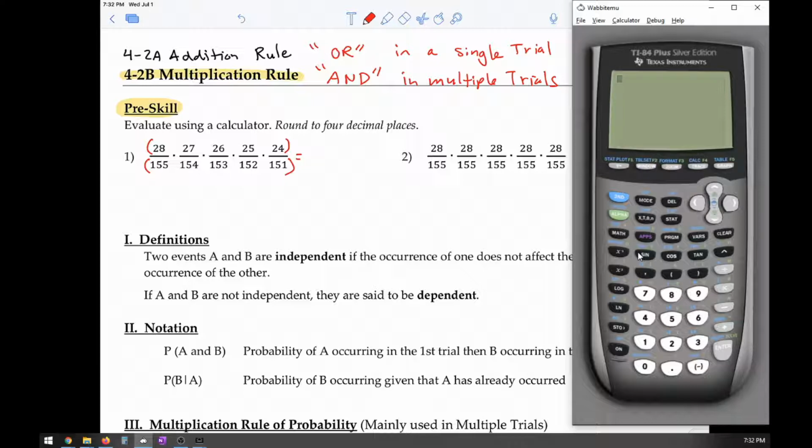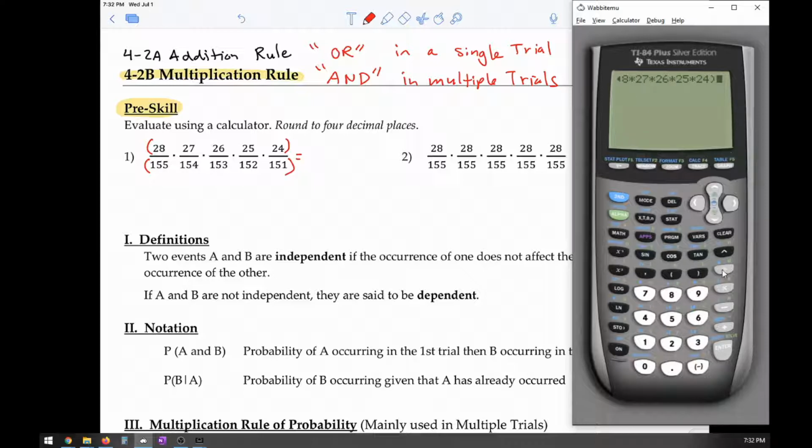So you can open up parentheses, do the multiplication of the numerators, and close parentheses, which gives the product of all of these numerators.